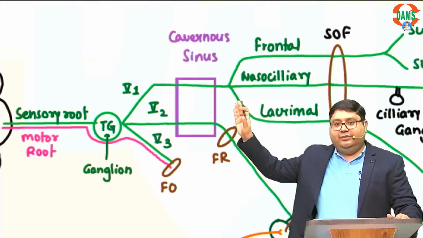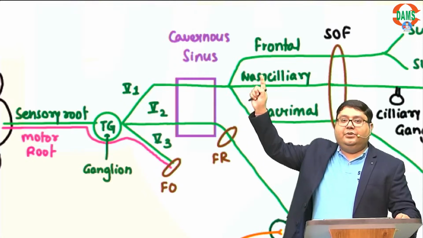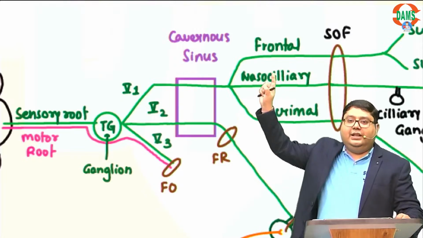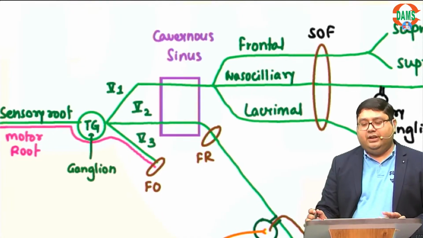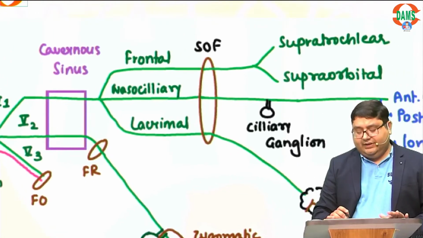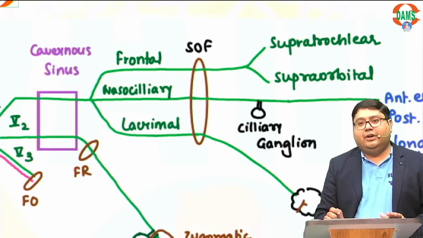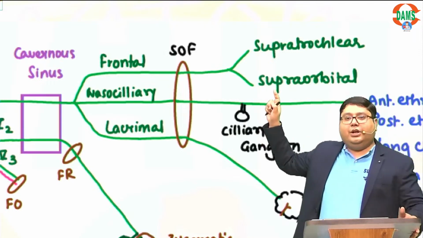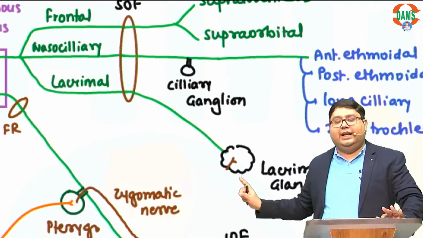Beyond that, the V1 fiber will divide into 3 divisions, and the names of these 3 divisions are lacrimal, frontal and nasociliary, which will be passing through the superior orbital fissure. After they exit from the superior orbital fissure, the frontal will divide into supratrochlear and supraorbital. That means it will simply divide into 2 divisions. Whereas the lacrimal nerve simply goes to supply the lacrimal gland.